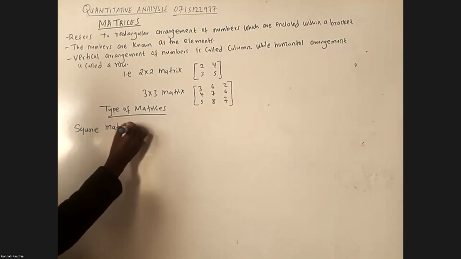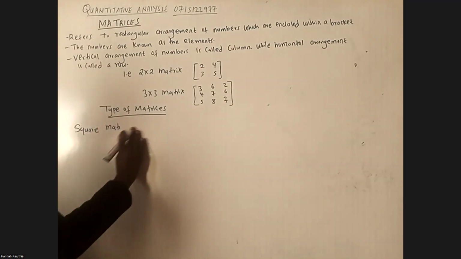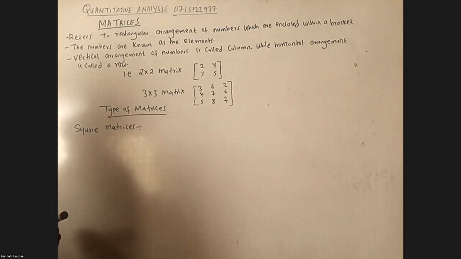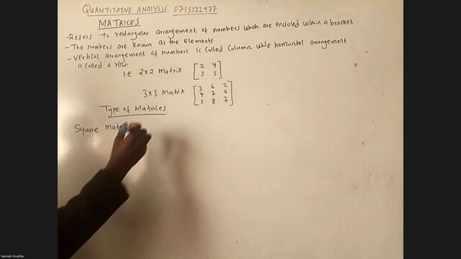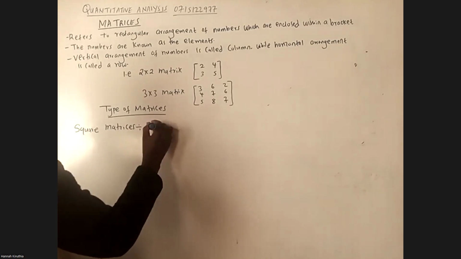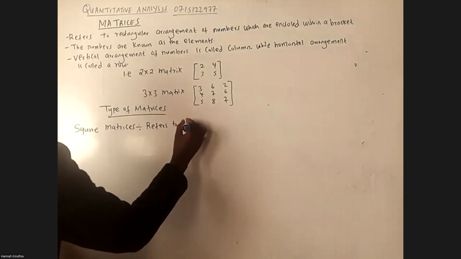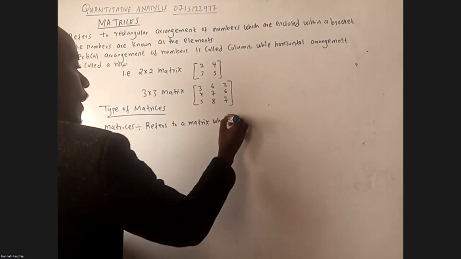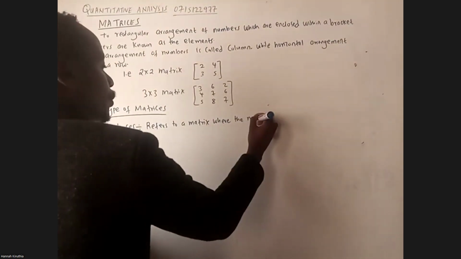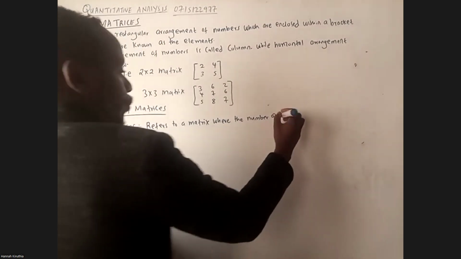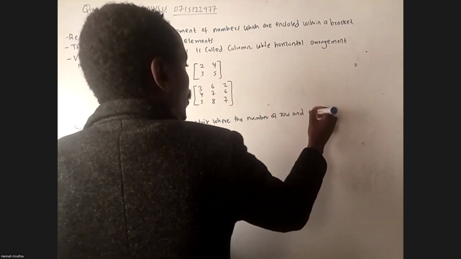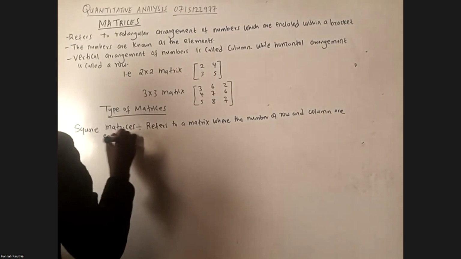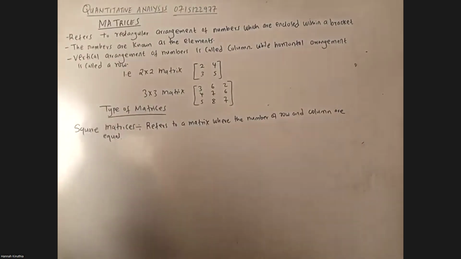A square matrix refers to a matrix where the number of rows and columns are equal. So that matrix where the number of rows and columns are equal is what we call a square matrix.